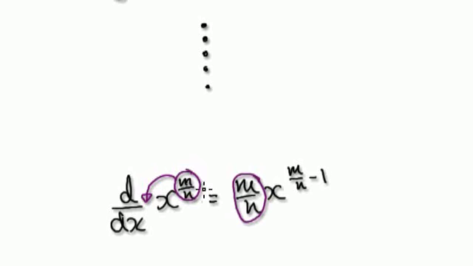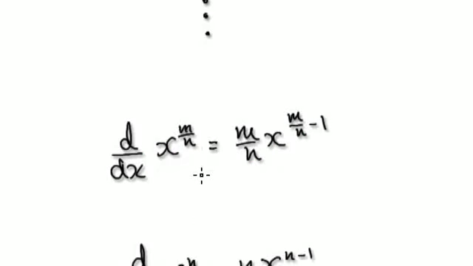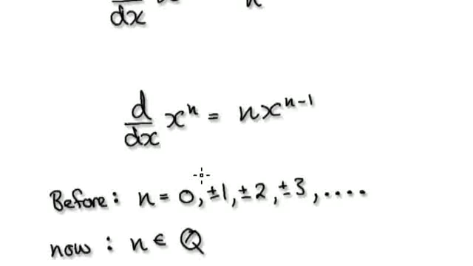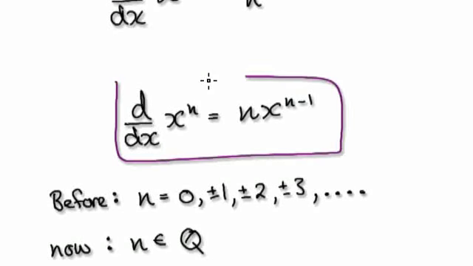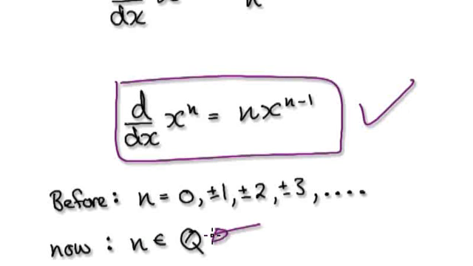That's why you get this here, and then the fraction itself gets minus by 1. So by using implicit differentiation, we prove that the power rule will work even when n is a fraction. So it will work for a rational number.